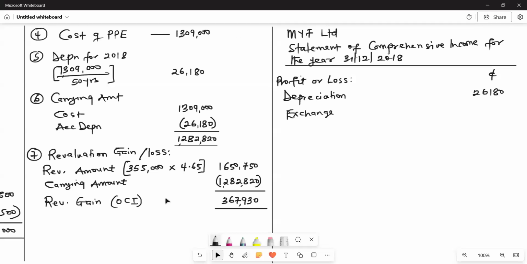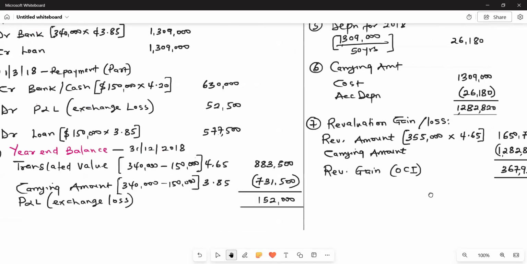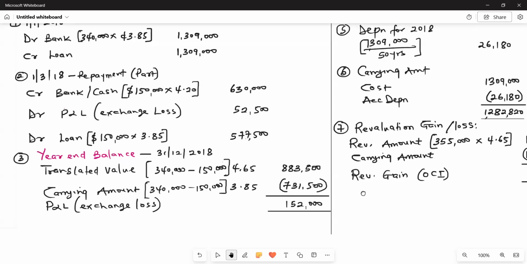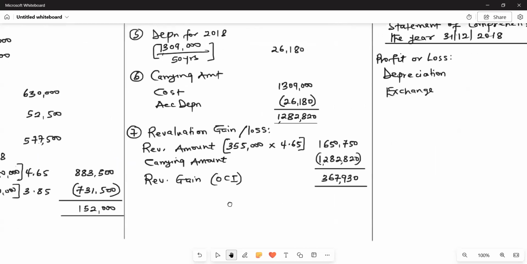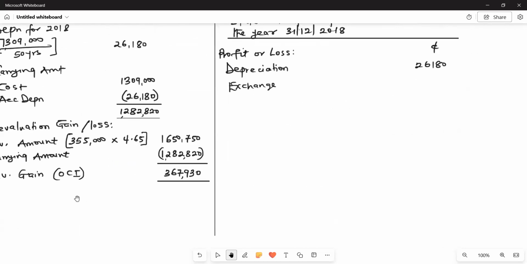Do we have a net exchange loss or gain? Net exchange loss. They are all losses. So when you add, you get how much? 204,500.